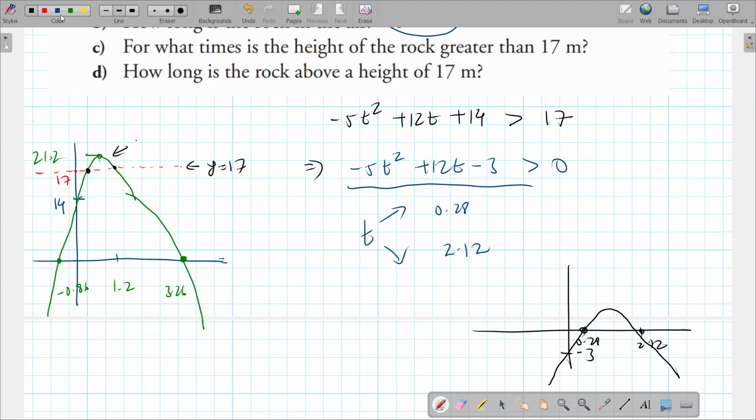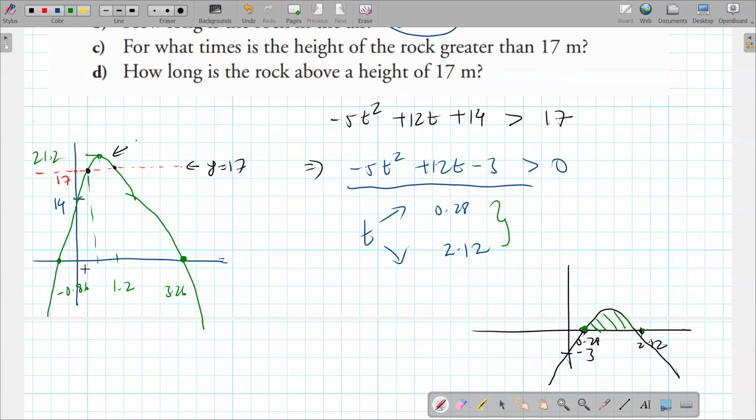And what are we trying to find? We're trying to find when this curve is above or below the x-axis. Above. From this sketch, we can see that it's above right here, between these two x values, and that's the answer to part C. For what times is the height of the rock greater than 17 meters?